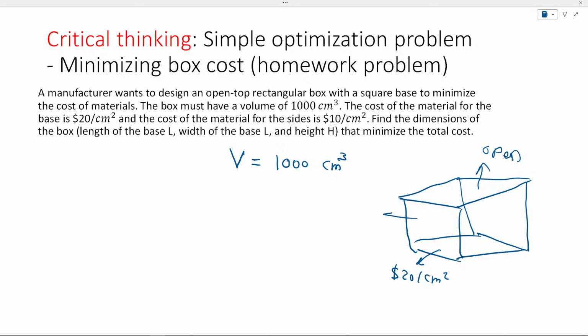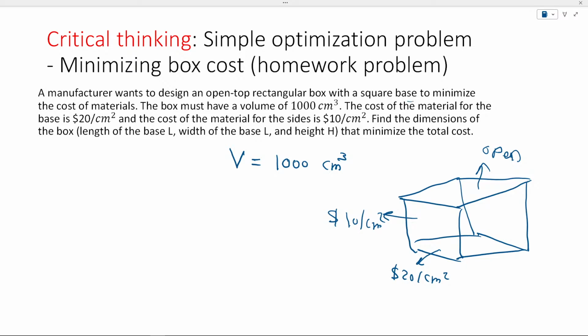For the sides, the cost is $10 per centimeter cube. Find the dimension of the box, length of the base, width of the base, and height to minimize cost.